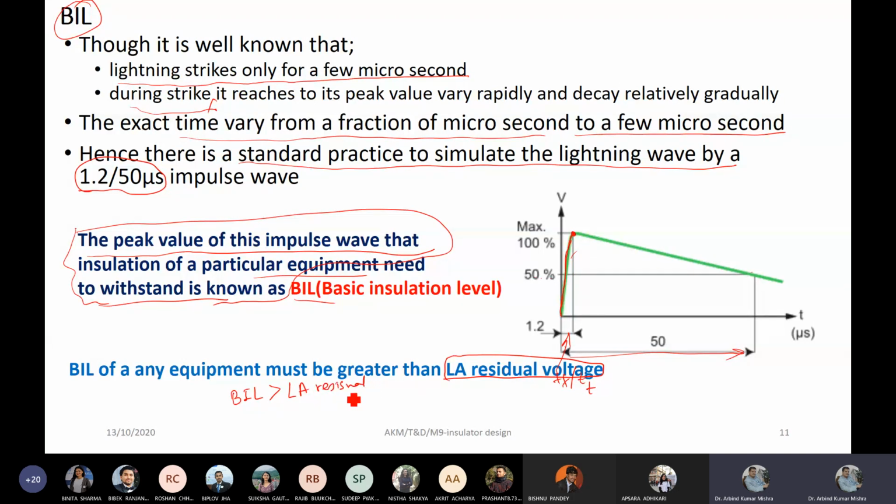That is why how much the BIL rating will be for any insulator or equipment depends on the factors on which the residual voltage of a lightning arrestor depends. The factors which cause a higher lightning arrestor residual voltage will also cause a higher BIL rating.